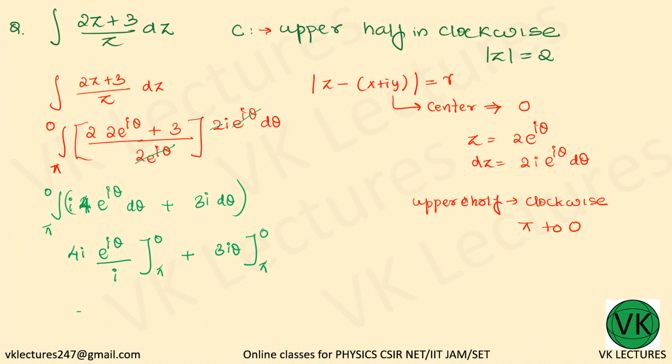Now i gets cancelled. 4 times e to the power i theta, putting the upper limit first, e to the power 0, that is 1, e to the power i pi, that is minus 1, so 1 minus 1 plus 3i times 0 minus pi, so 4 times 2, that is 8, minus pi into 3i, that is minus 3i pi.